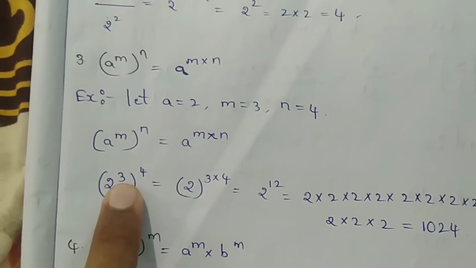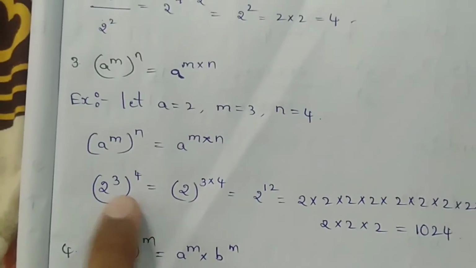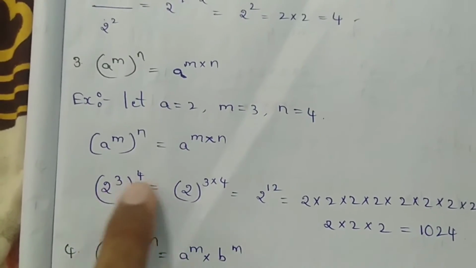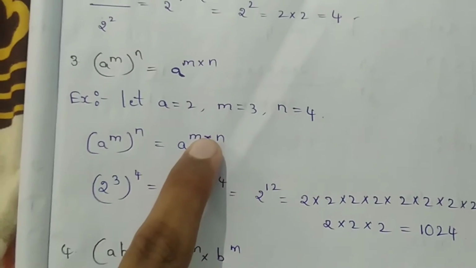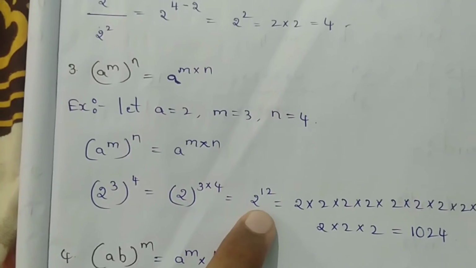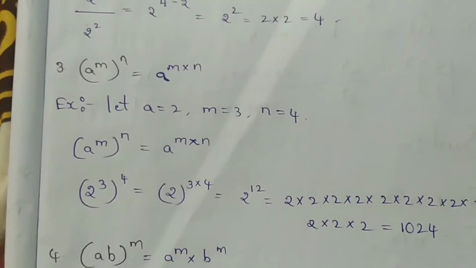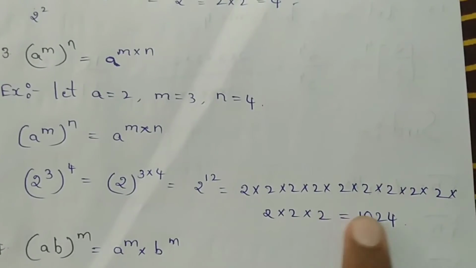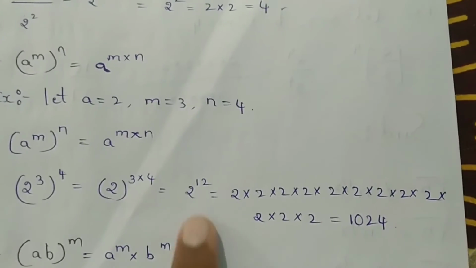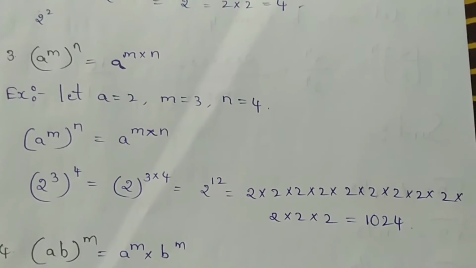Power 3, whole power n means 4. Here we have to multiply: m into n, 3 into 4. 3 fours are 12. 2 power 12. We have to write 2 twelve times, 2 into 2 into 2, like this twelve times, and multiply it. By multiplying we get 1024.